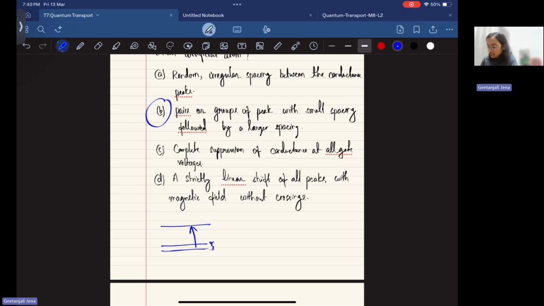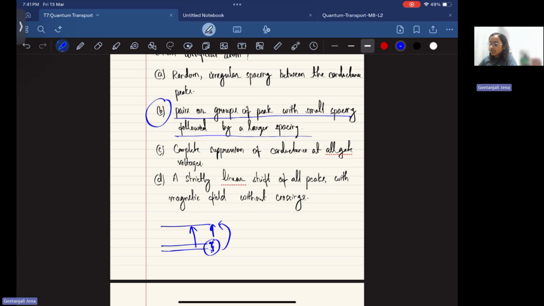Once the orbitals of degenerate states are occupied, next we'll have a second excitation. For this degenerate energy level, there will be peaks spaced at a small interval, and for the splitting, we'll see a larger interval spacing. So that is why option B is the correct option.